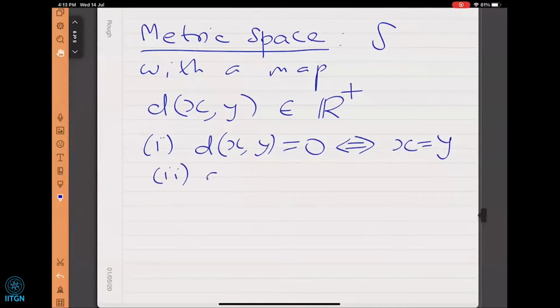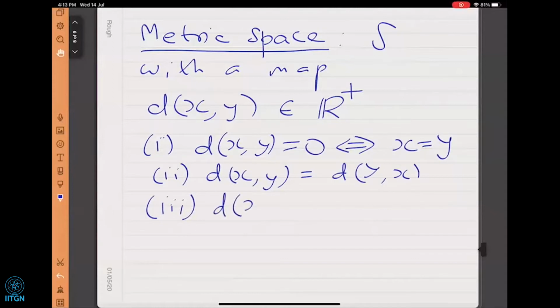Okay. Now, the distance between two points is very obviously symmetric under exchange of the points. So that's needed: D of xy is the same as D of yx. And the third one is a very famous inequality called the triangle inequality, which says that the sum of two sides of a triangle is more than the length of the third side.